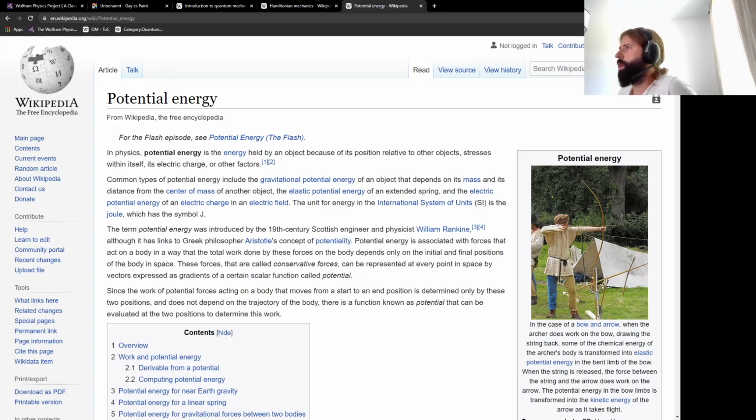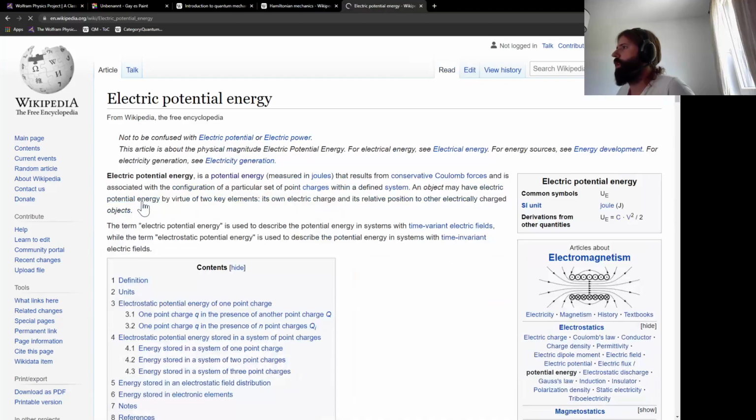With the electric potential energy of an electric charge in an electric field, electric potential energy results from conservative Coulomb forces and is associated with the configuration of a particular set of point charges within a defined system. An object may have an electric potential energy by virtue of two key elements: its own electric charge and its relative position to another electrically charged object.